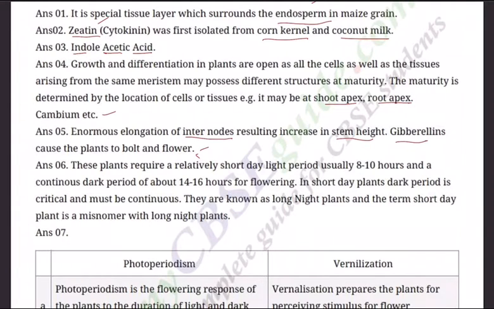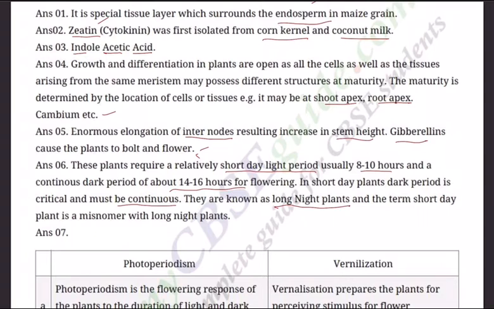Question 6. These plants require a relatively short daylight period, usually 8 to 10 hours, and a continuous dark period of about 14 to 16 hours for flowering. In short day plants, the dark period is critical and must be continuous.